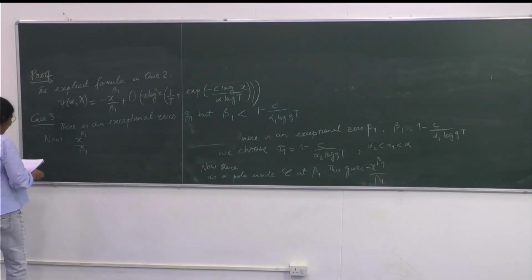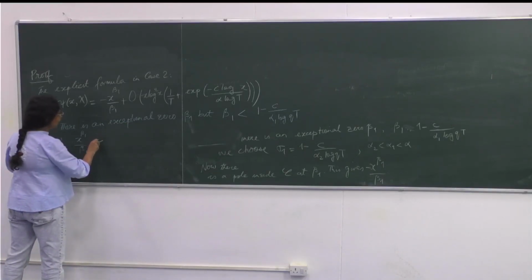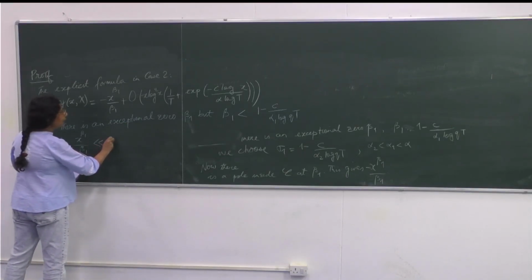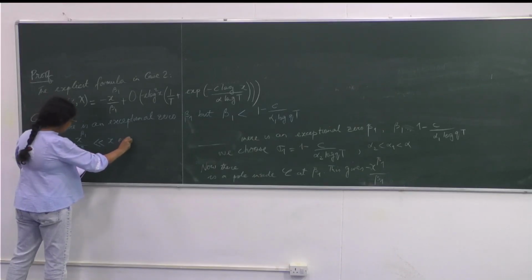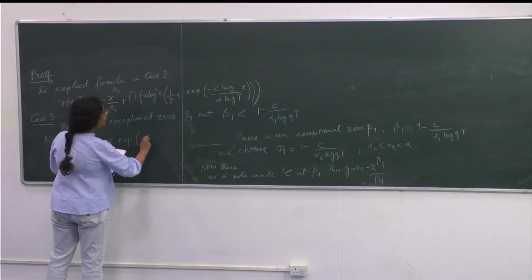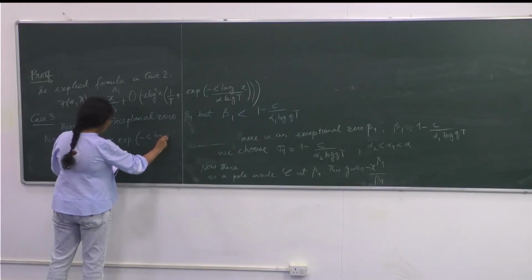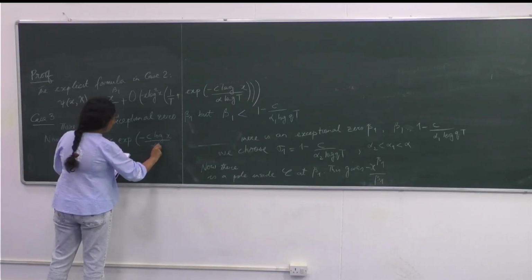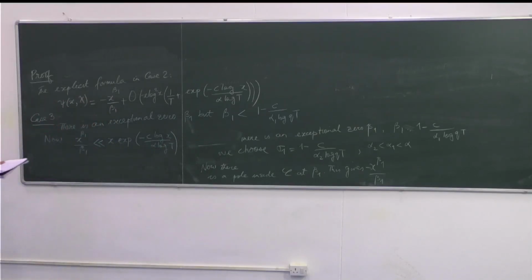This is going to be less than x exponential minus c log x alpha log t. So what remains to do now is to choose your sigma and t, and then it's done.